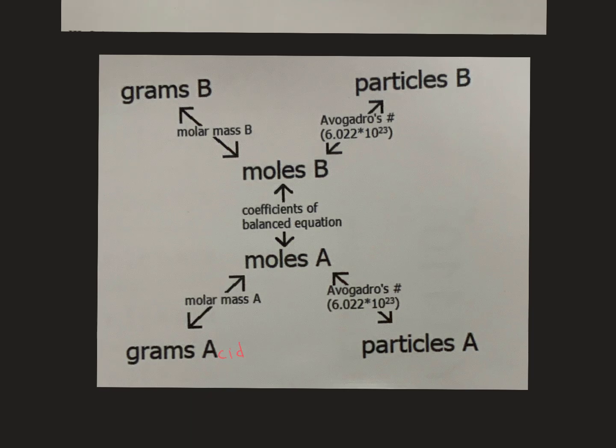And what does B stand for? Base. So when we're going from an acid to a base or a base to an acid, we do the exact same thing. Good? Okay, so we're going to still use that.